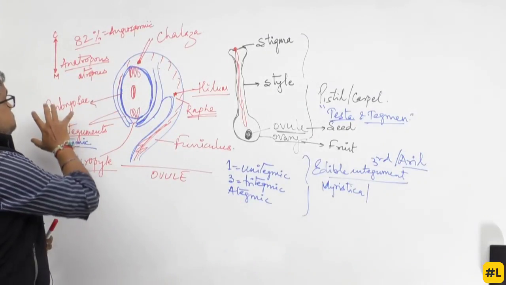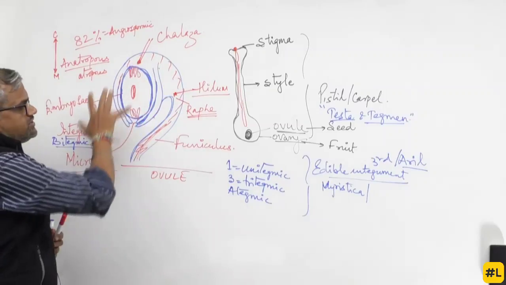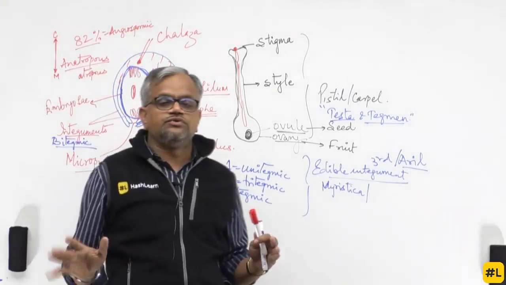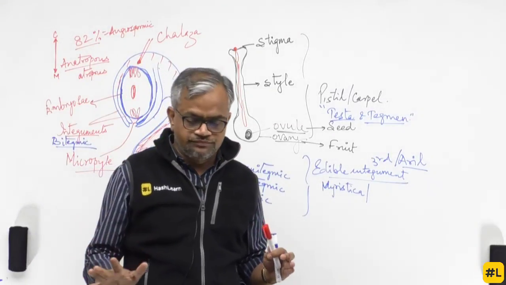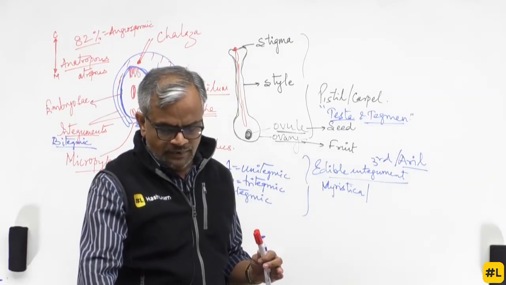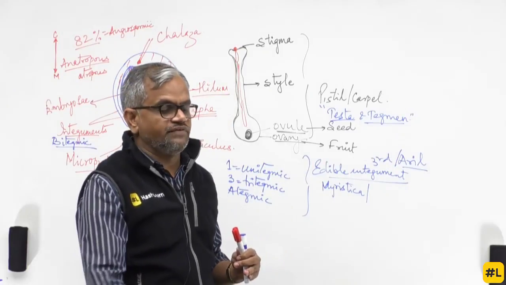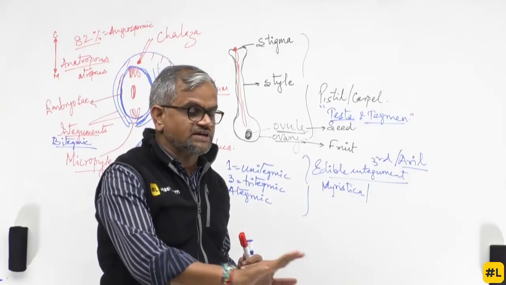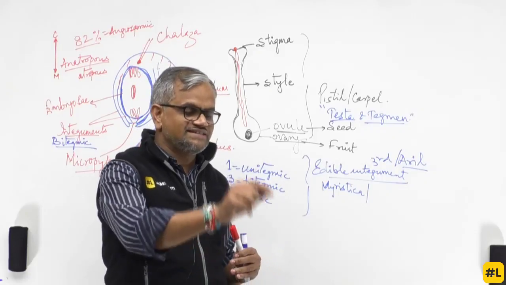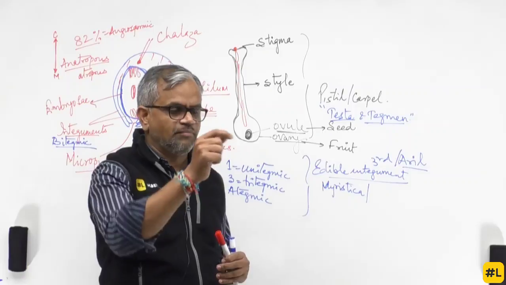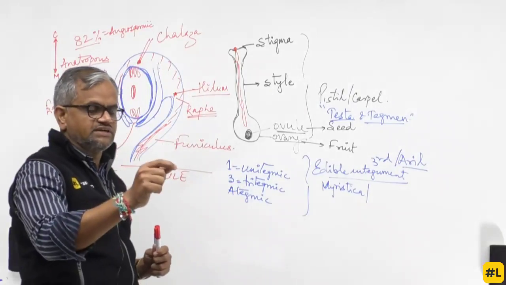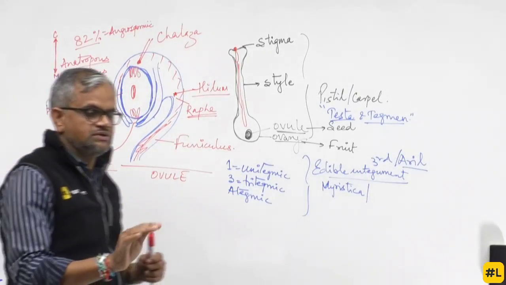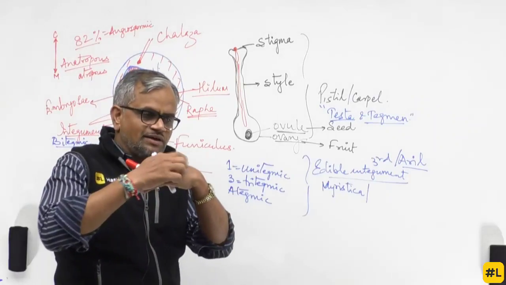Then, more importantly, I told you this is about anatropous ovule, right? Now, the most important thing that you should always remember: function of raphe is unknown. It is just an attachment which leaves a mark. It has nothing to do with function. When a wound is there, a mark is left.